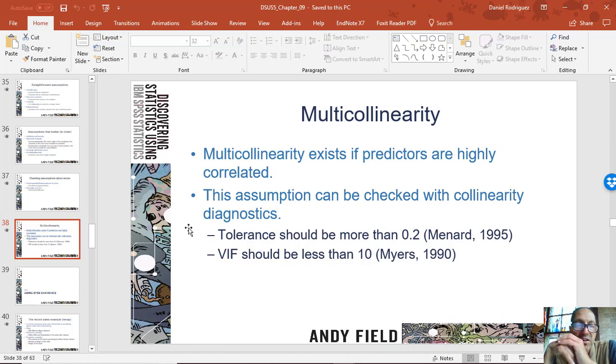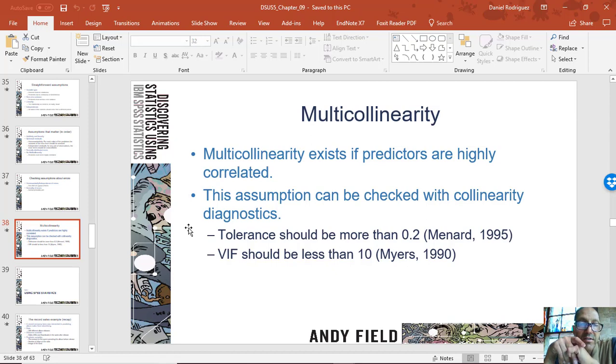So there's these heuristics. There's these values like the variance inflation factor. So the variances of the predictor variables are inflated when we have high multicollinearity. So actually, the regression coefficients get inflated when we get a high multicollinearity.